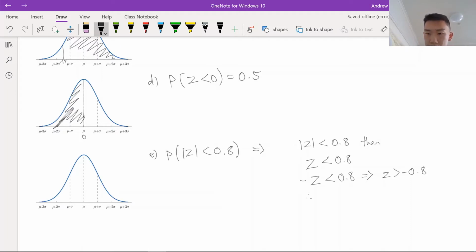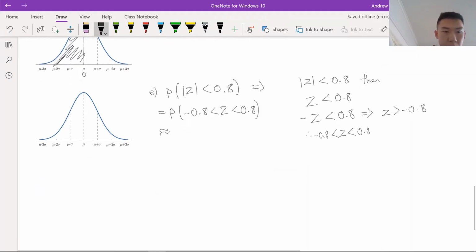So therefore Z is between negative 0.8 and positive 0.8. So we can rewrite this: Z between negative 0.8 and positive 0.8.